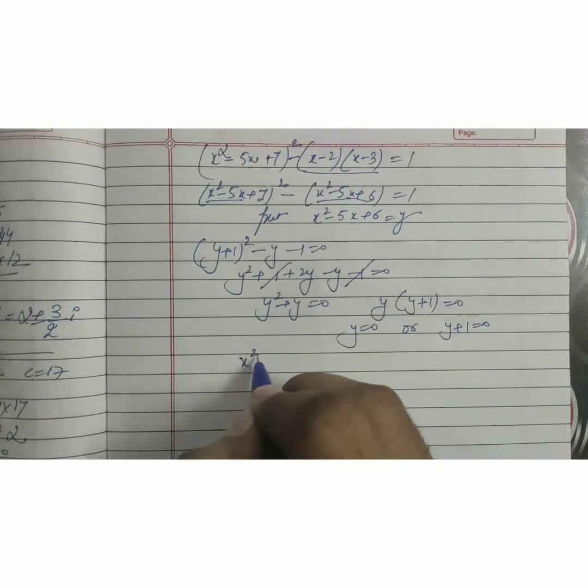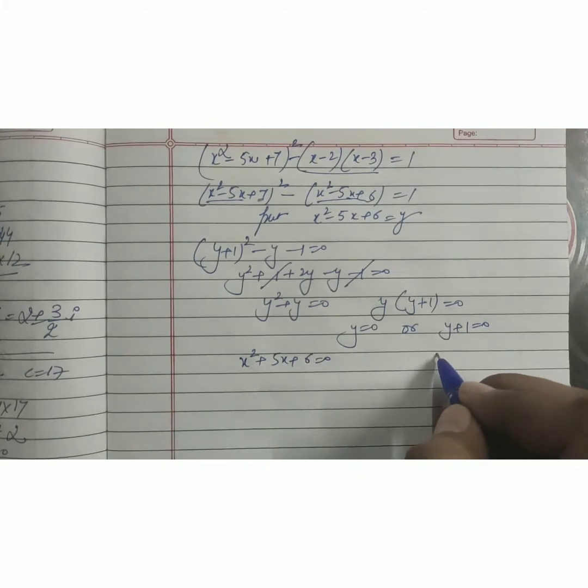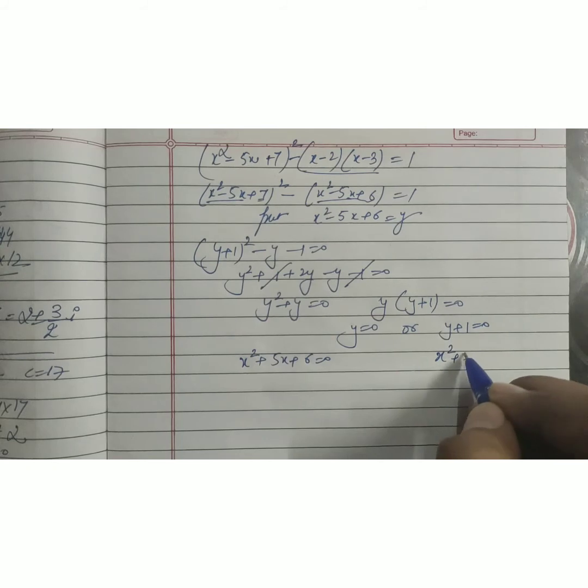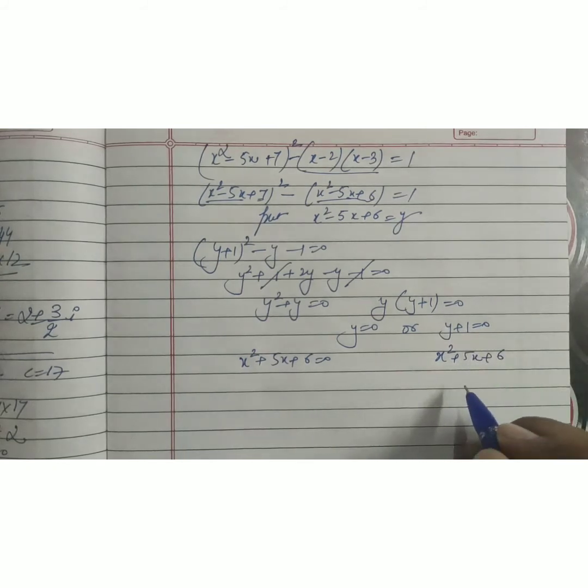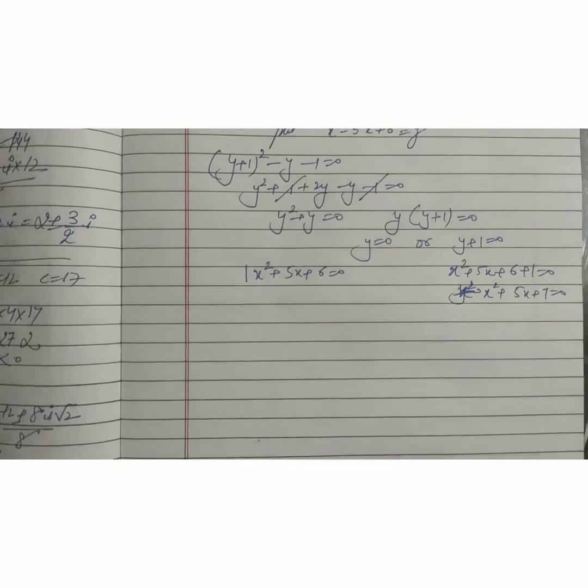y equal to 0 means x square minus 5x plus 6 is equal to 0. Here x square minus 5x plus 6 is the value of y, plus 1 extra, so here it is x square minus 5x plus 7. If you see here, the separating term method is applicable, so we can apply the separating middle term method.